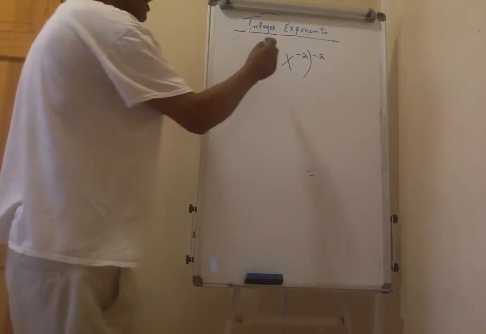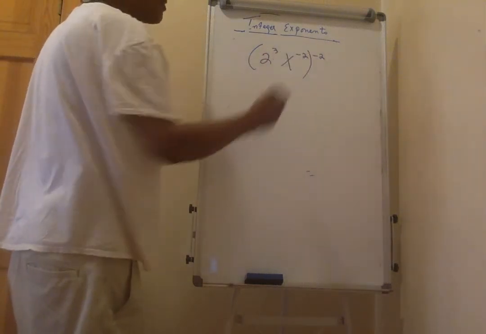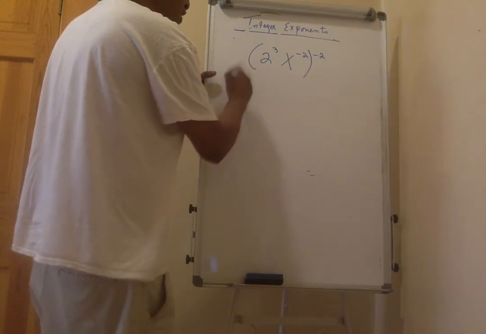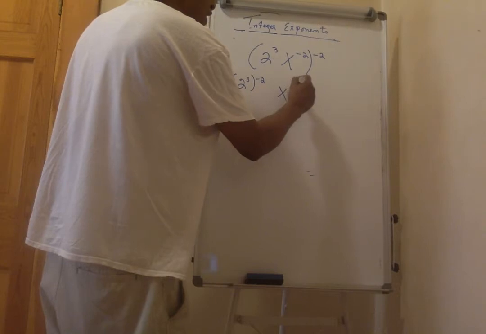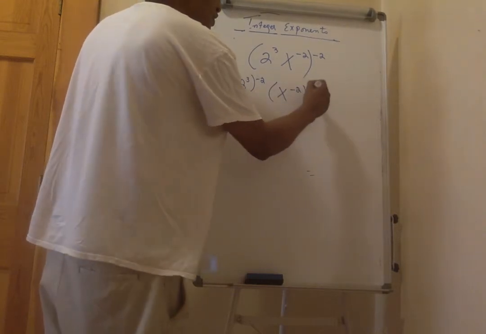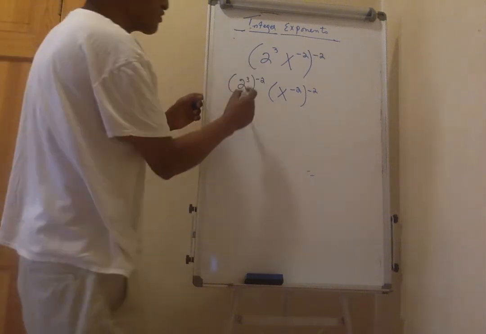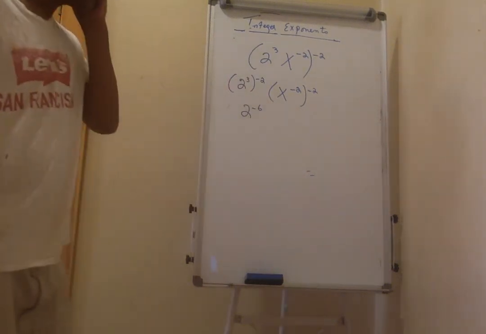So I can go ahead and use the power rule, meaning everything is raised to the negative 2 power. So I could rewrite this as 2 to the third to the negative 2 and x to the negative 2 to the negative 2. Now 3 times negative 2 gives us 2 to the negative 6.